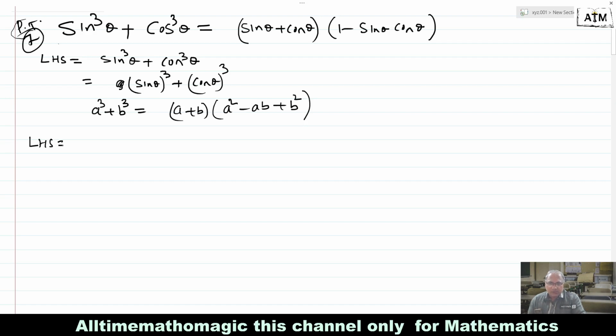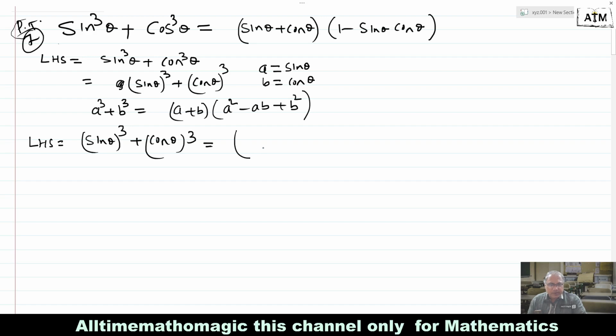Come back to LHS. LHS equals (sin theta) whole cube plus (cos theta) whole cube. Here what is a? A is nothing but sin theta and b is nothing but cos theta. And we have a cube plus b cube.